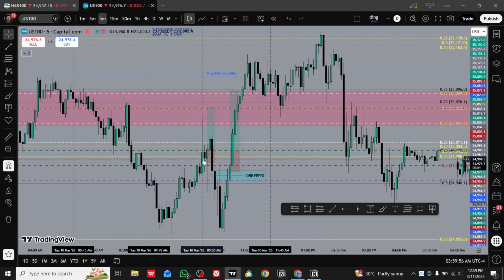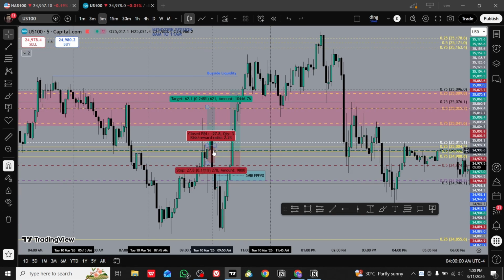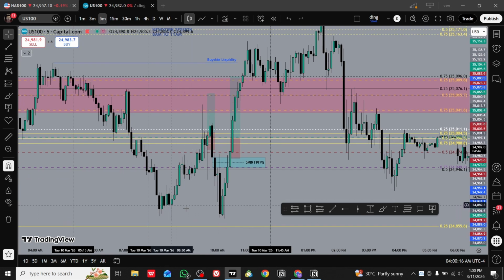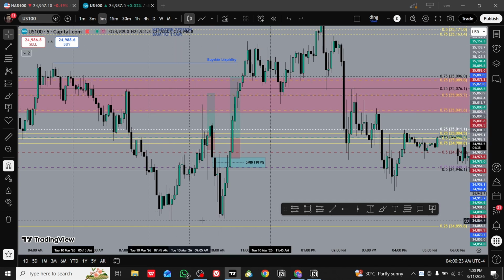So you can see there's a proportional block, and I entered here. So it was a value trade, but we went lower and took the lows again, or an SMT would be.